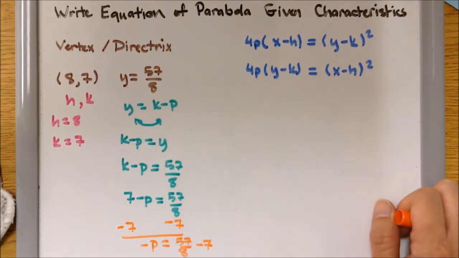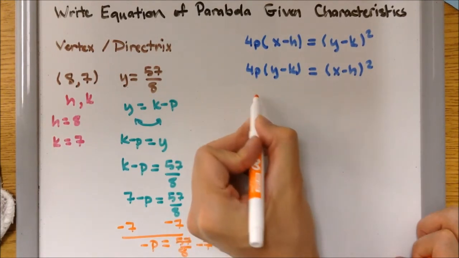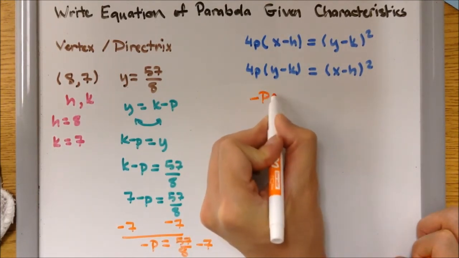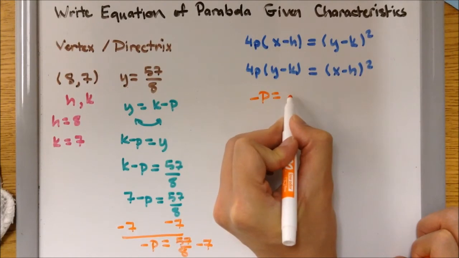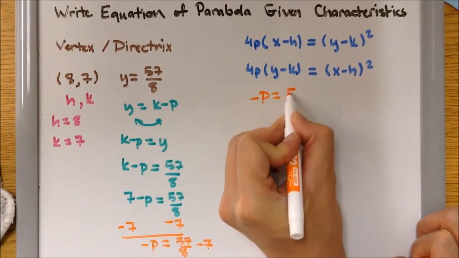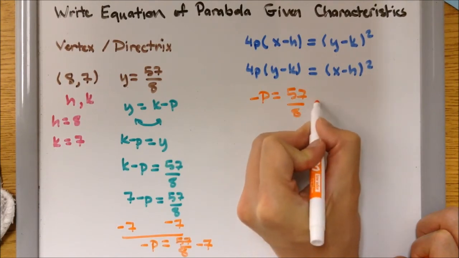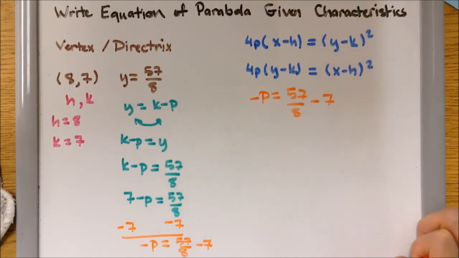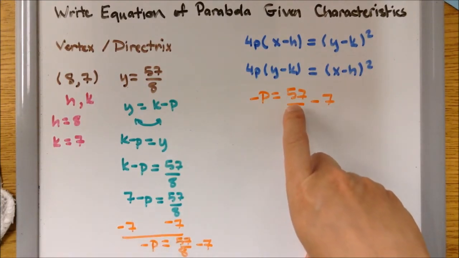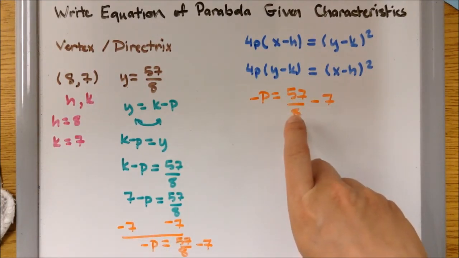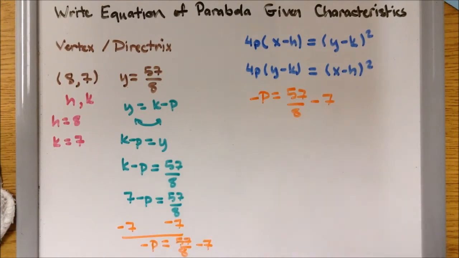Alright, I'm going to write it up here for more room. Negative p, because there's a minus on the p value, is equal to 57 over 8 minus 7.